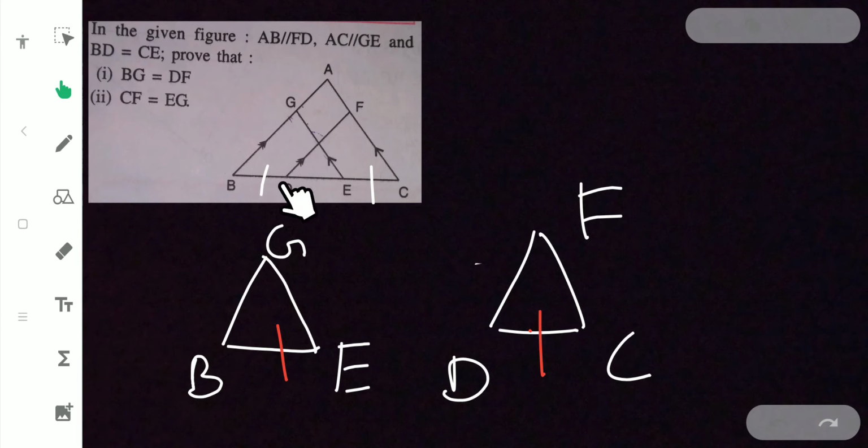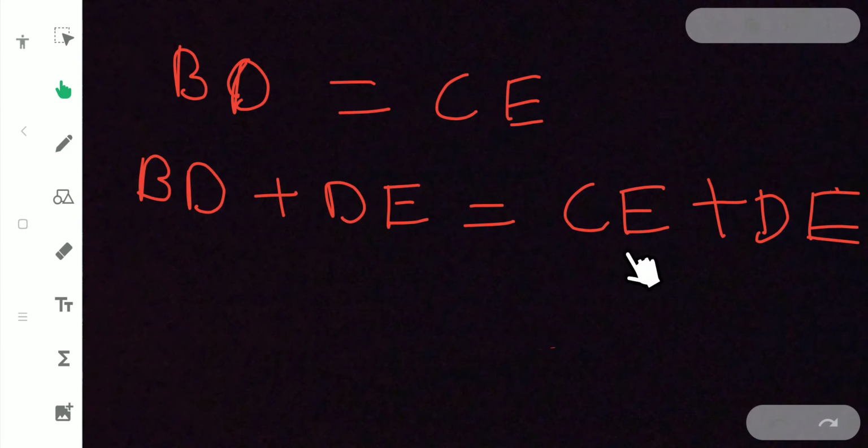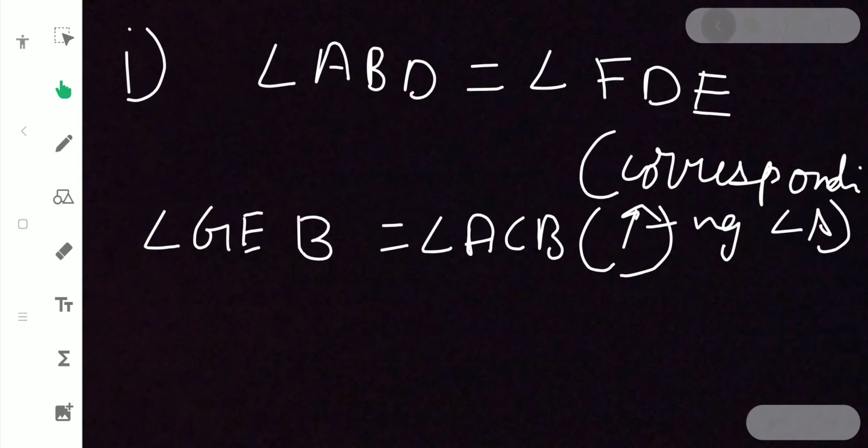BD plus DE. You are having BD plus DE. So now BD plus DE, you are having BE. So I have written here, and we have on RHS CE is equal to DE.